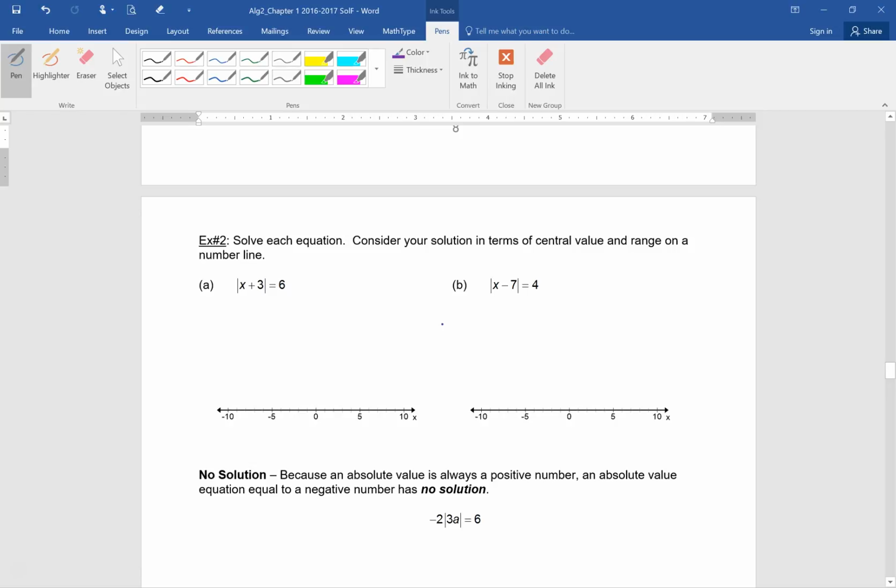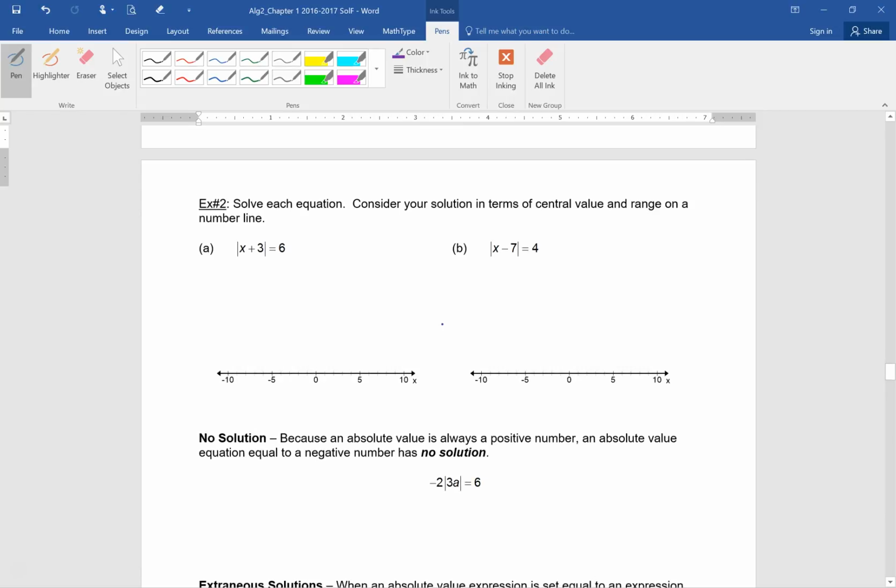All right, so solve each equation. So again, I have x plus 3. I have something in the absolute value. And the distance of that something is 6 units from the origin. So it could either be at 6 or it could be at negative 6.